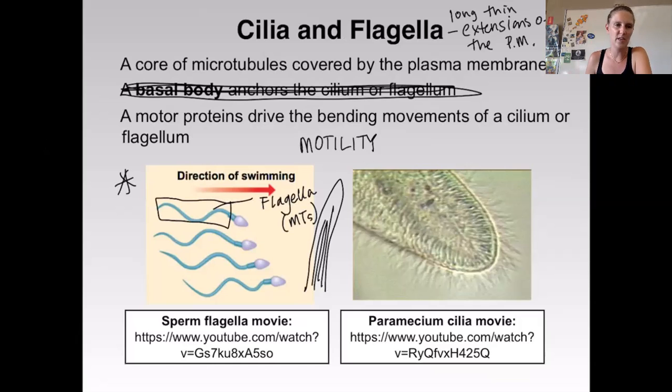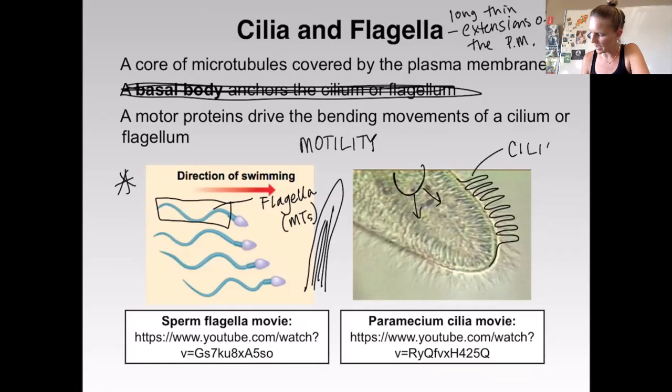And I can show you this video in class. And in the paramecium, which again has that central vacuole necessary to kind of expel water, if you look on the ends, and I'm just kind of drawing a more macro view of them, these are cilia.